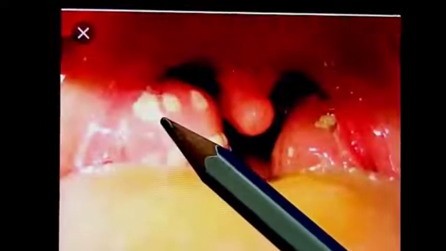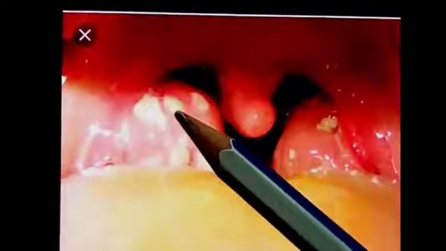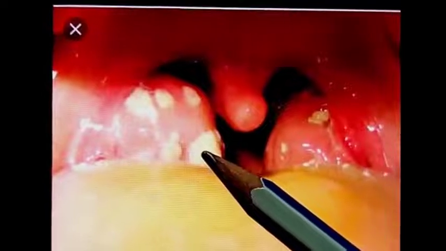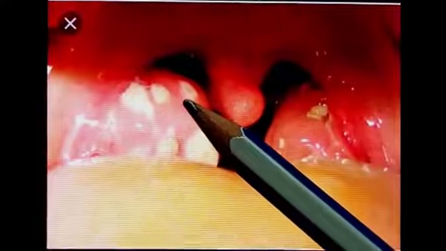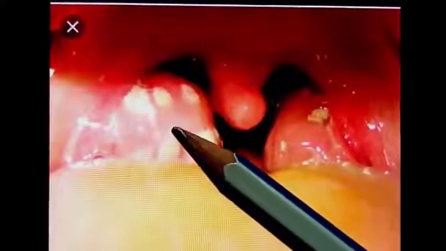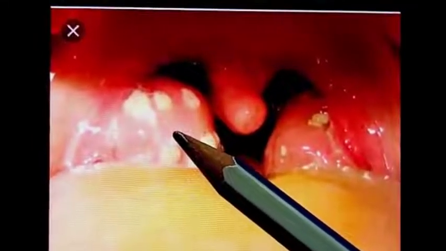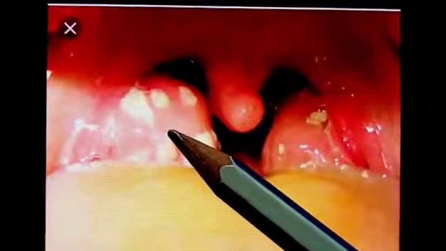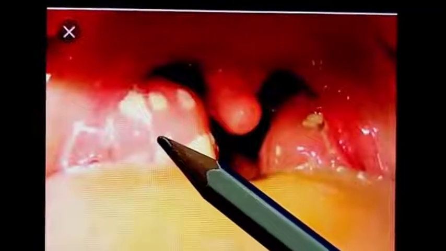Pus in the tonsil is visible in the form of these small white spots or septic foci, which indicate the exudation of pus through the crypts of the tonsil. Such foci lead to serious diseases like pulmonary tuberculosis, meningitis, etc., and are often the cause of general ill health.